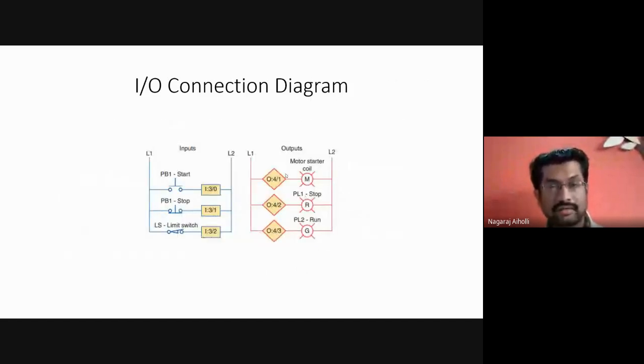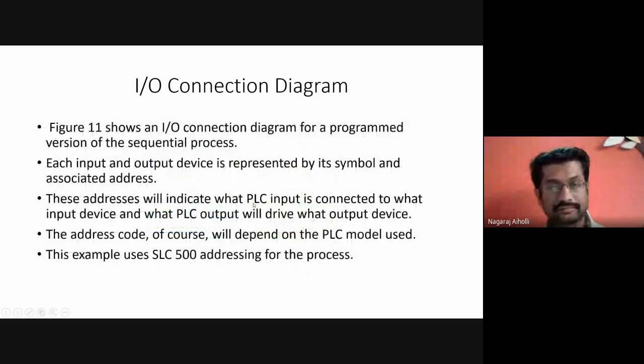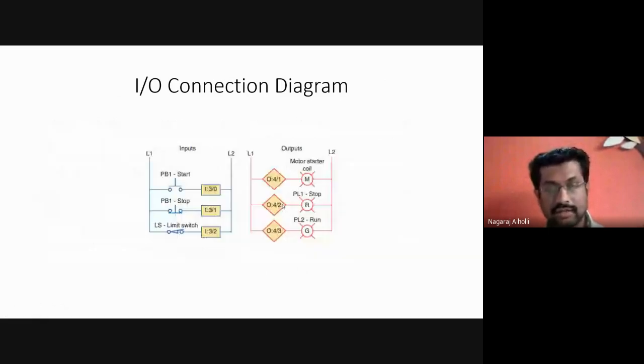Whatever addresses they have used here, I:3/0, or for the output O:4/2, this will differ from one PLC manufacturer to another. This IO connection diagram is for the SLC 500 PLC controller.